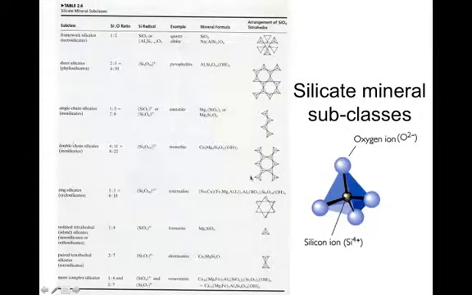And all the silicate minerals have these silica tetrahedra within them, and they are simply bonded to each other and to the cations in different ways.